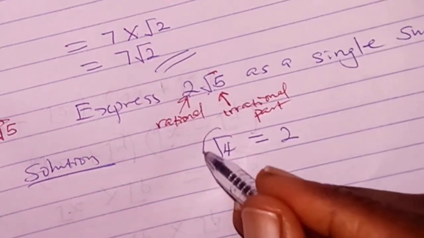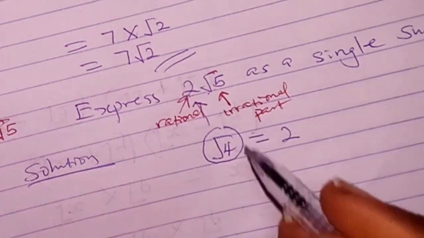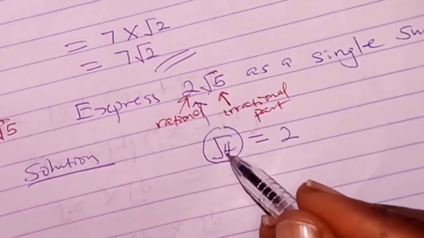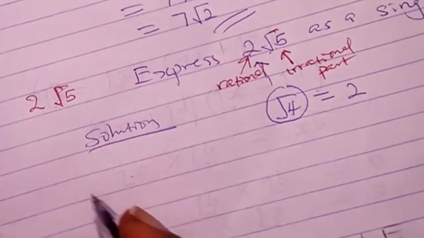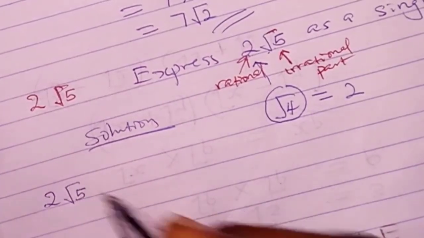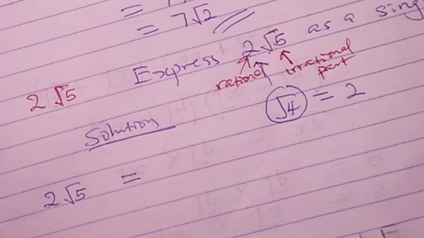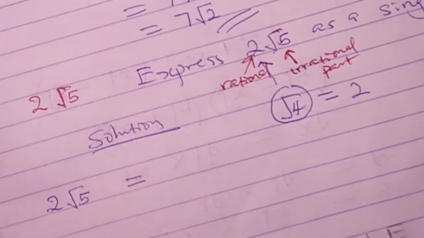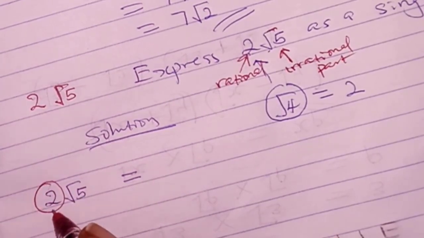Since the square root of 4 will give me the rational part, which is 2, I'm going to replace this 2 with the square root of 4. So this is what I have. We are given 2 root 5. The square root of what number will give me 2?